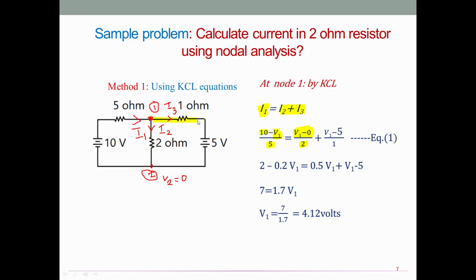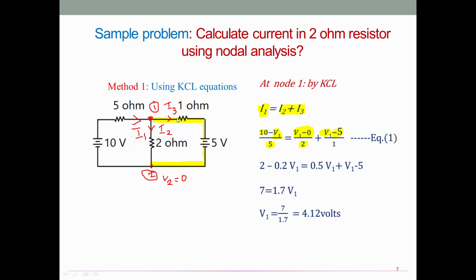This is how current flow direction is assumed. Now it is flowing between 1 and 2 once again, but this way. So from which node does current start to flow? V1. So go for V1. Okay. So it is moving towards V2. Already V2 is 0. I have one voltage source here. Current leaving the negative of this voltage source. So minus 5.